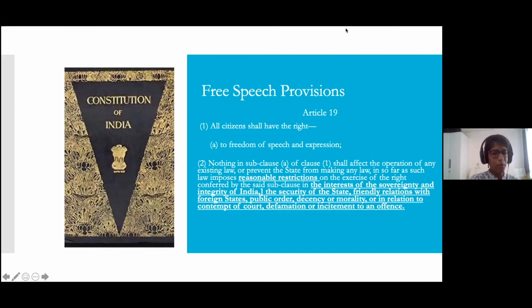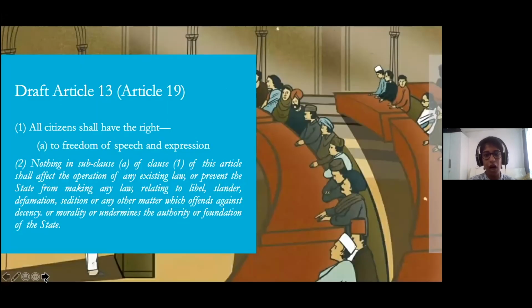So to look back at how we came to this provision, if we go back to the draft constitution, we had draft Article 13, which is what we see now as Article 19. Similar to what we have with the freedom of speech and expression, it's just that the restrictions are narrower and do have some grounds which we don't see now.